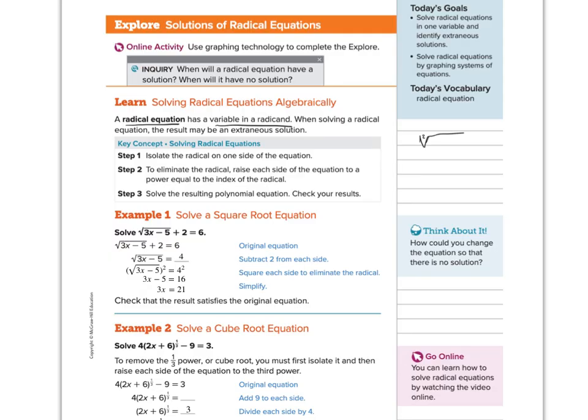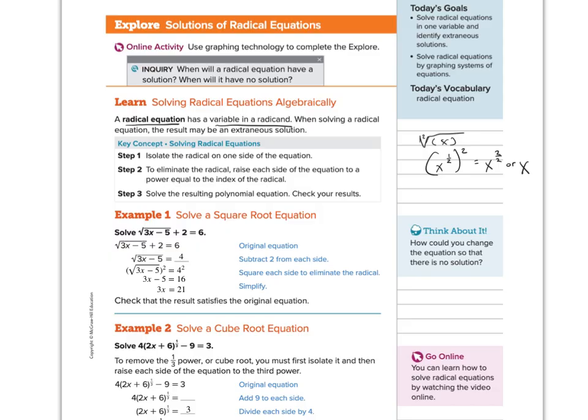The square root of x is the same thing as x to the 1/2 power. So if we raise it to the second power, that would be x to the 2/2, or just x. That is the mathematical process of what we're doing, seeing how those exponents work together.